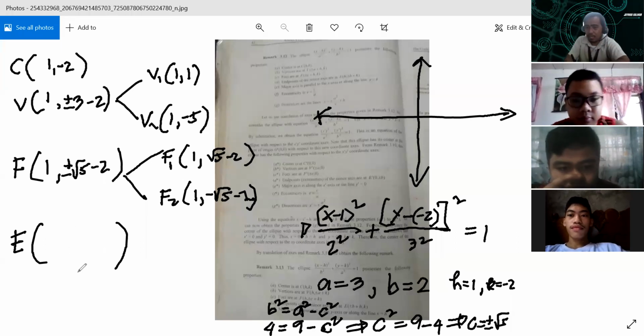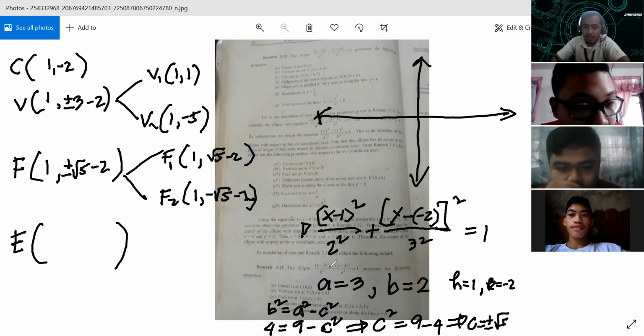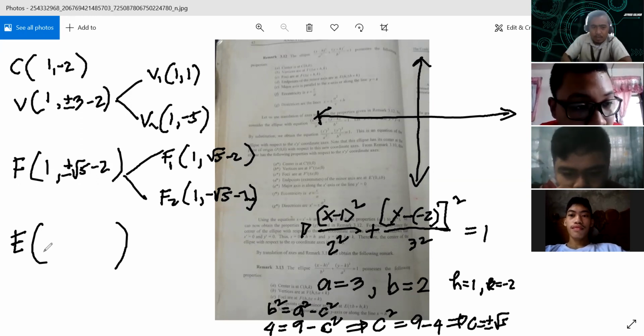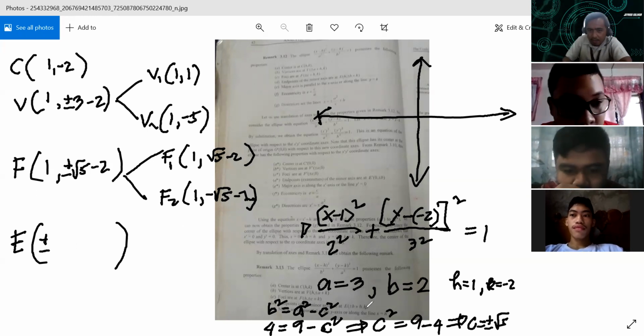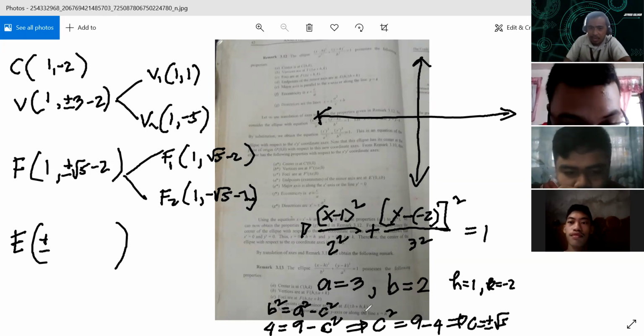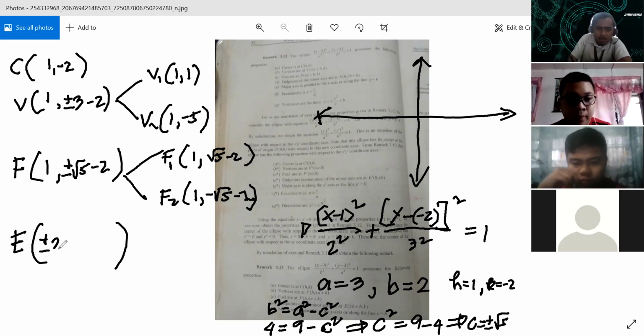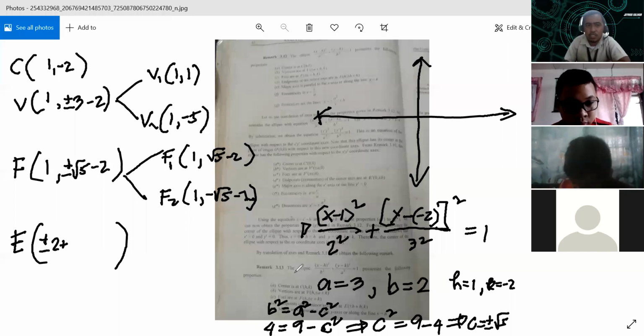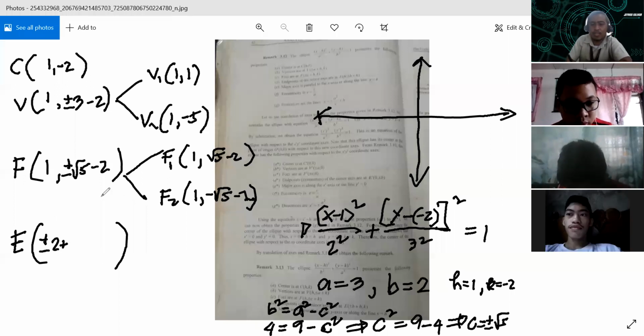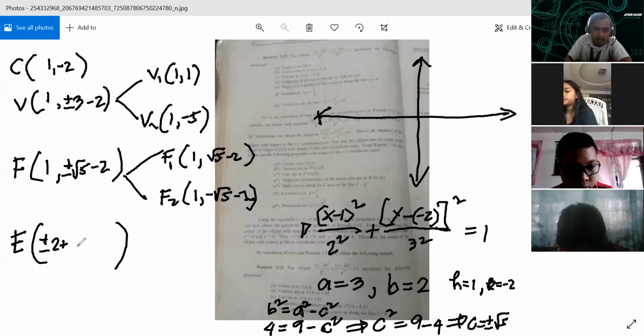It is the opposite, B instead of A or C. And the formula for that will be H, comma, K plus or minus B. And we know that our B is 2, so it will be plus or minus 2 plus your H. What is your H, class? 1, sir. 1, comma, then your K, which is negative 2.